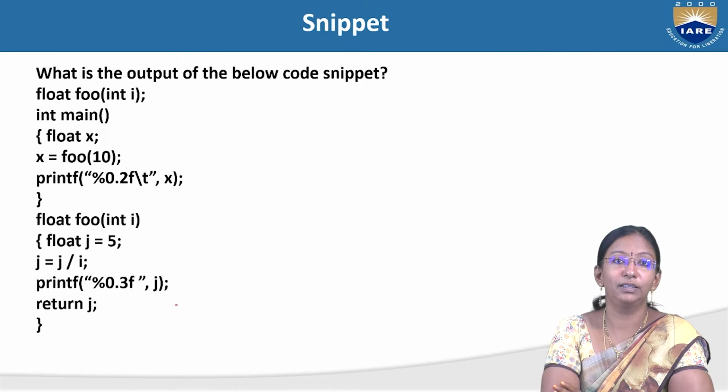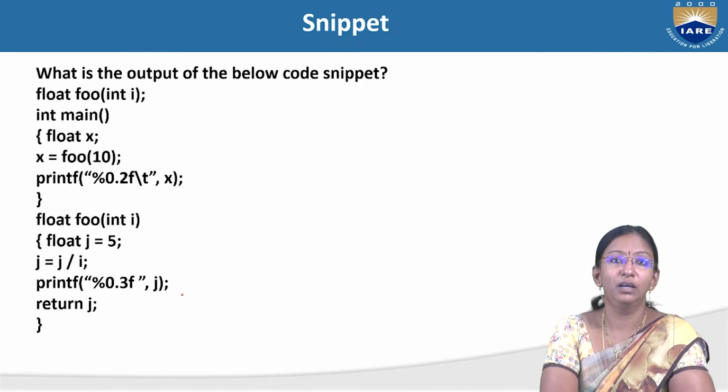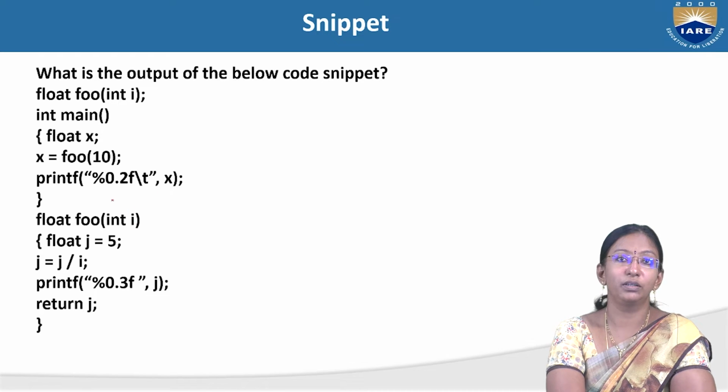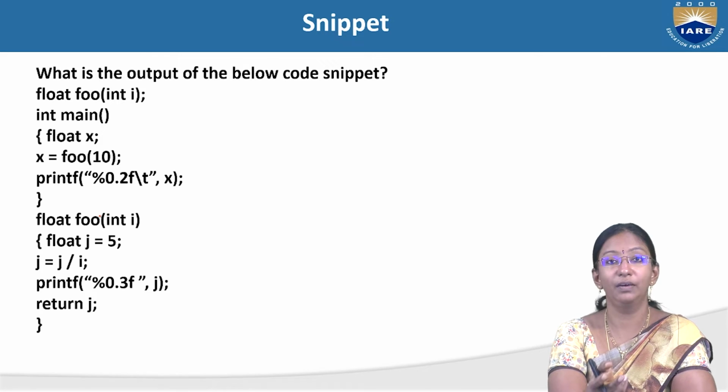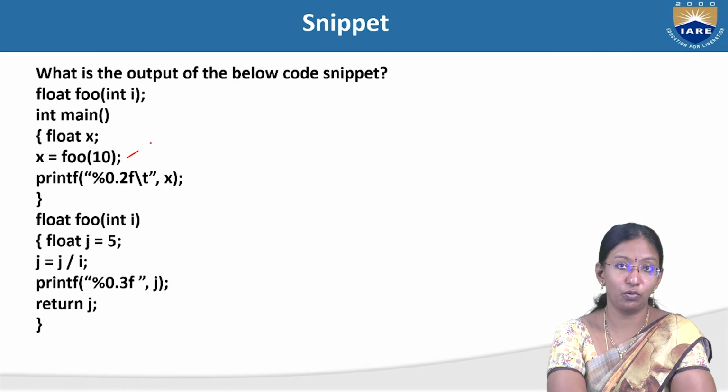Simple one, guys. This is a small program written in C. Obviously, you can see it is int main. They have declared x as float, but its value is going to be the return value of a function call.